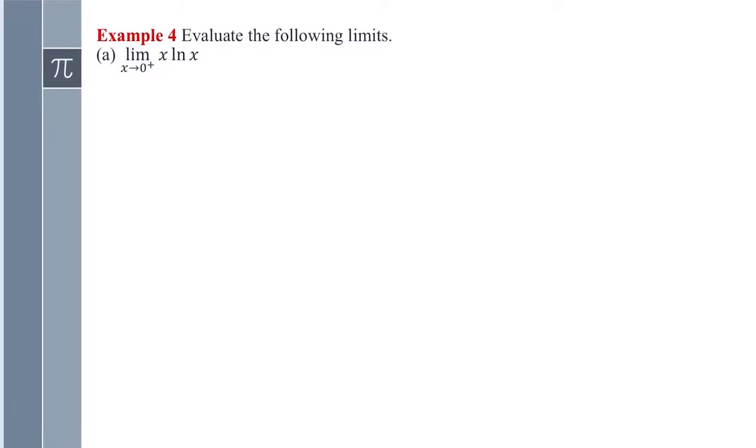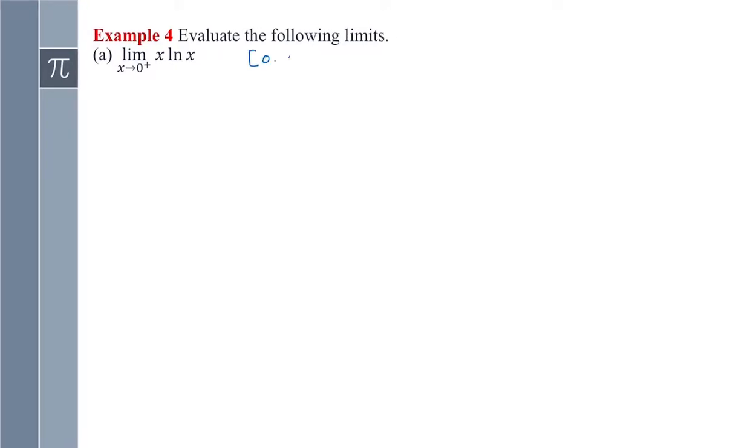As I told you, we'll change that into either 0 over 0 or infinity over infinity. If we have a times b, we either write b divided by 1 over a or a divided by 1 over b, depending on what function we want.